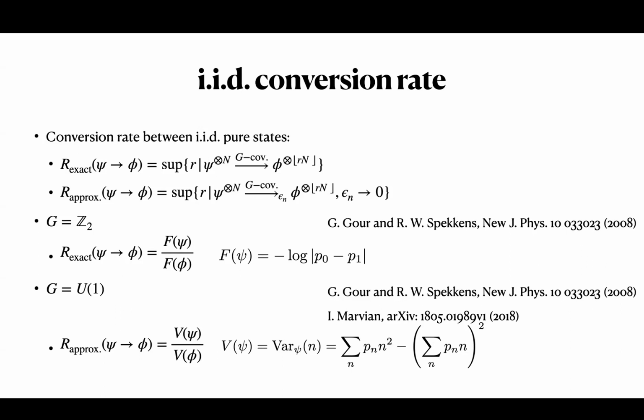When the symmetry is Z2, the exact rate is known to be the ratio of this quantity. And also for the U(1) case, it is known that the approximate rate is given by the ratio of variance or quantum Fisher information.